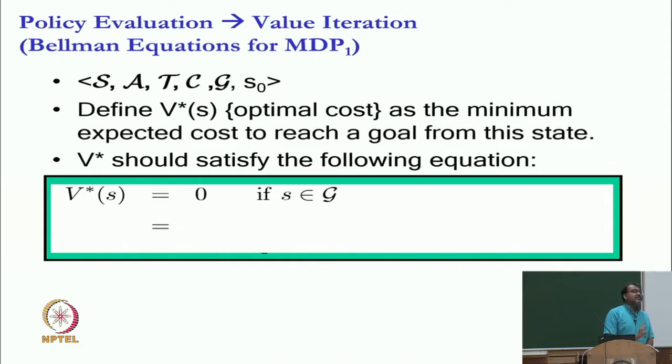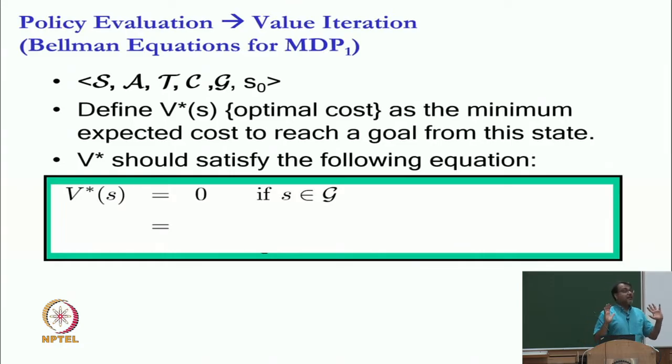Let us say V star of S is the optimal cost starting in state S, which basically means it is the minimum expected cost to reach a goal starting in state S. Up until now we were saying it is the expected cost to reach a goal if I am following policy pi starting in this state. Now I have taken away the part about following the policy pi and called it the minimum expected cost.